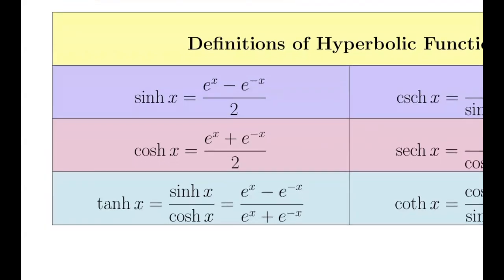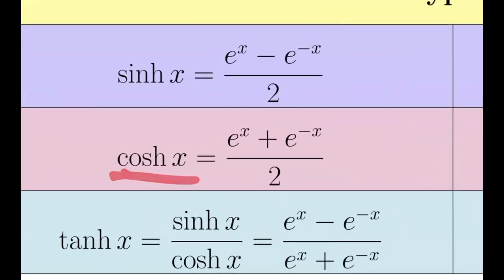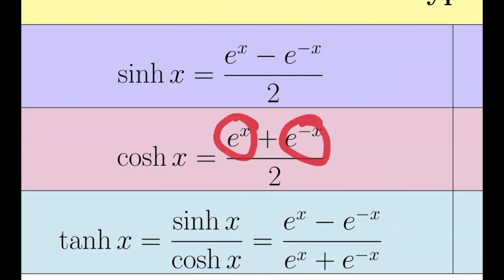All right, the next one is the hyperbolic cosine function, which is pronounced cosh of x, like kosher. And it's defined as e to the x plus e to the negative x divided by 2. So again, it's a combination of an increasing exponential function and a decreasing exponential function, but this time we're adding them up instead of subtracting them.